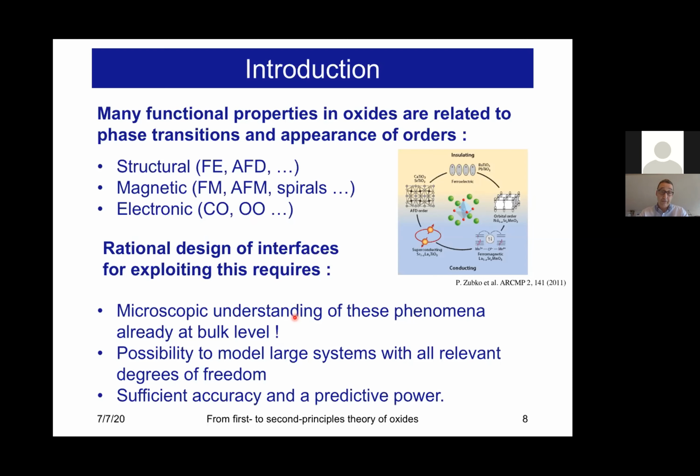And of course, doing that will require the possibility to model large systems with all the relevant degrees of freedom, and you want to do that with sufficient accuracy and predictive power.